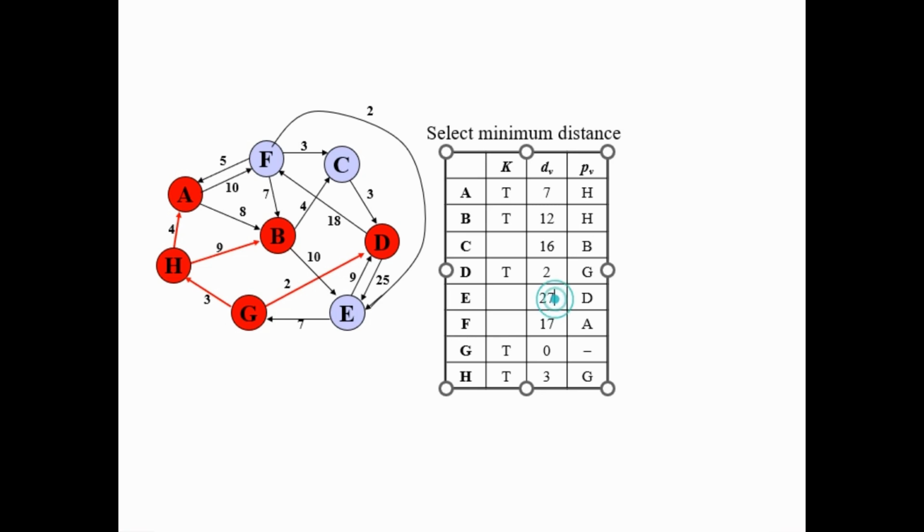So we can replace it with the new value 22, and because we are not going from D anymore, we are going to E from B, we will update this value. So these are the updated values for the time when we visit node B.